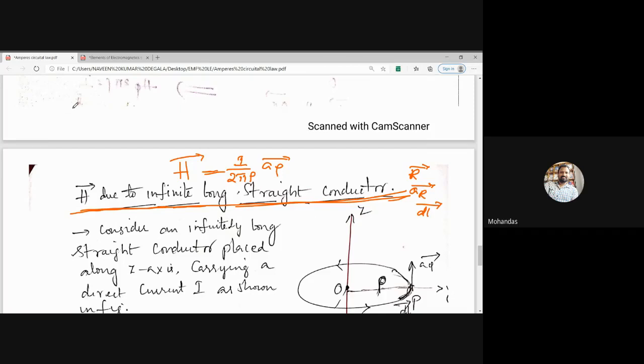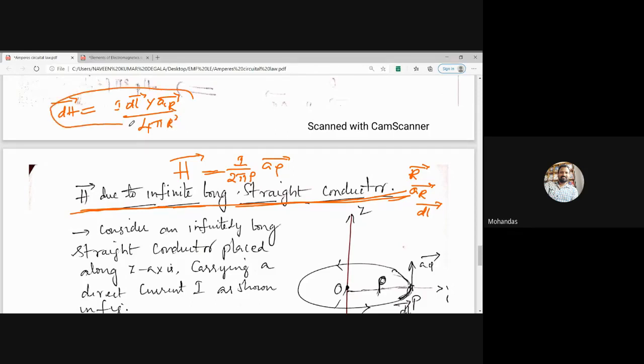What is the Biot-Savart law here? dH equals I dL cross aR divided by 4 pi R squared. So this is dH.